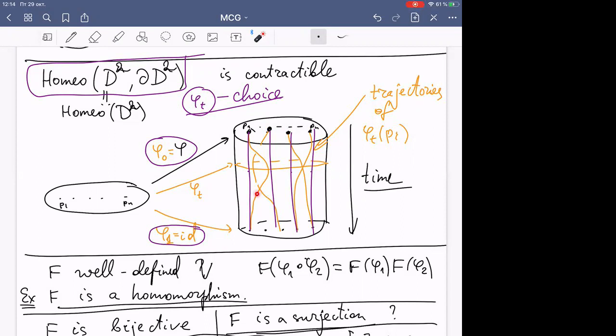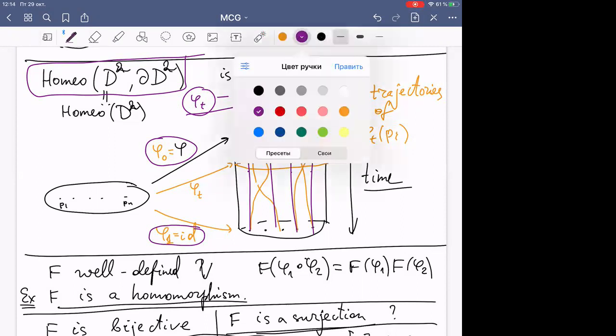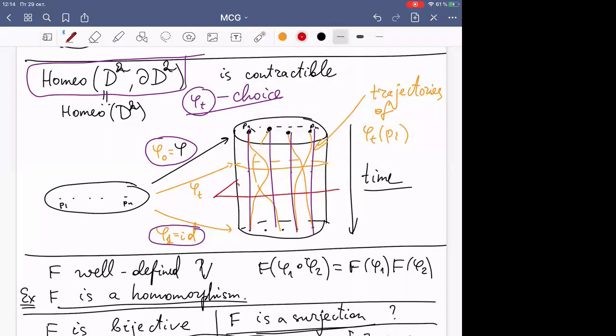If we just look at any level, then we see we have this trivial braid, isotopically trivial braid, which is not straight yet.